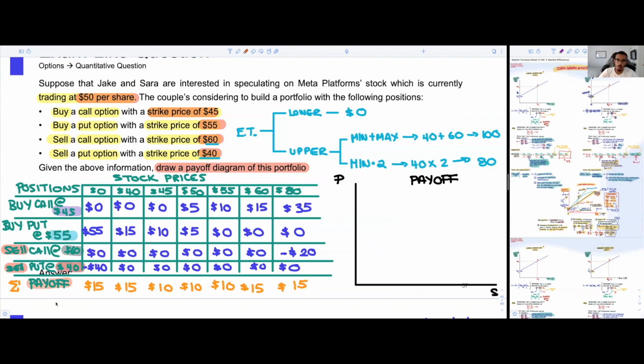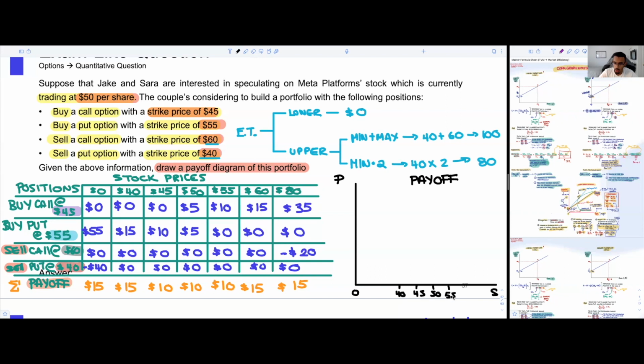But of course, before actually doing anything, we're going to need to highlight all of the different points within our stock prices. So we're going to have 0, then we're going to go here for 40. Then we're going to have 45. Then we're going to have 50. Then we're going to have 55.